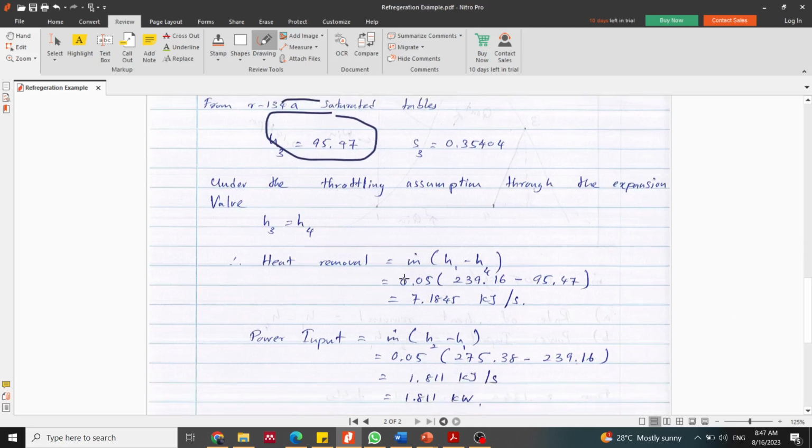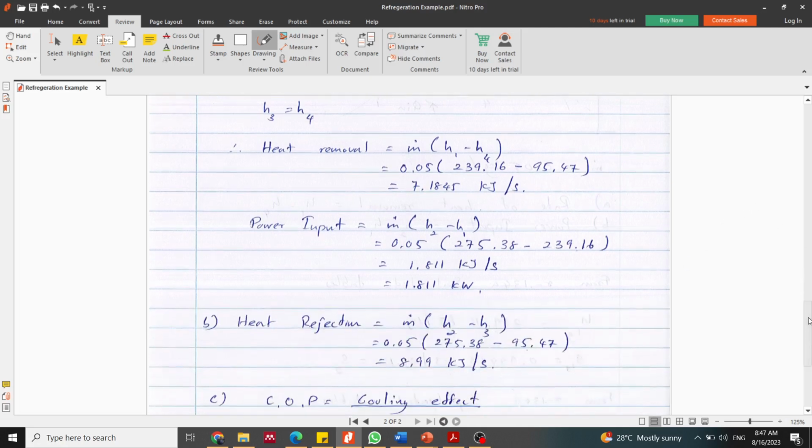The heat removal is equal to m dot times (H1 minus H4). When m dot is given as data in the question, we can substitute this value and we get 7.1845. In the same way the power input is m dot times (H2 minus H1), so it becomes 1.88811 kilowatt.